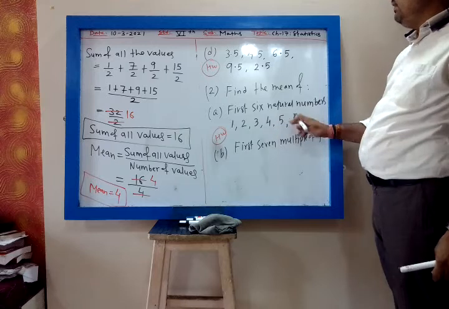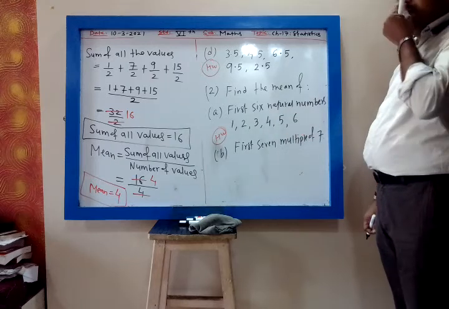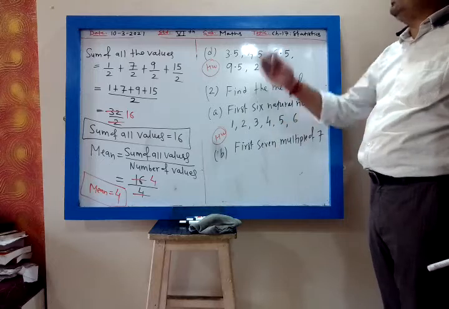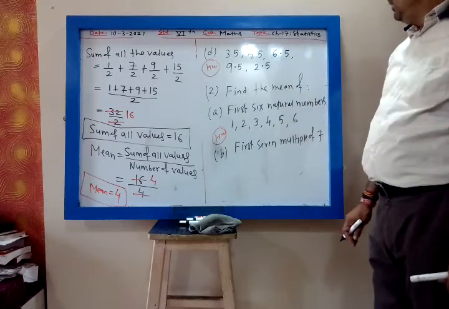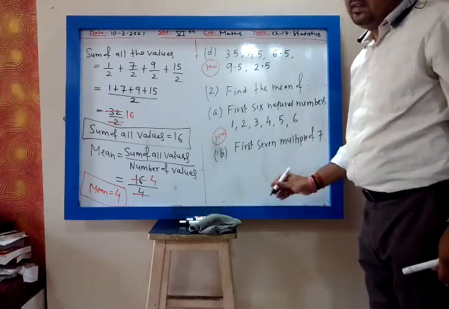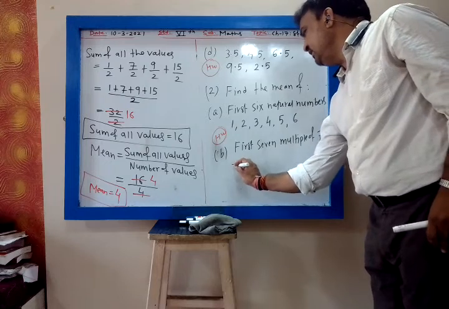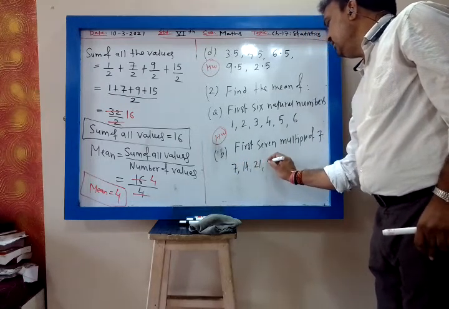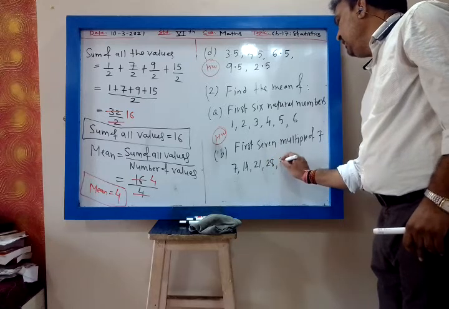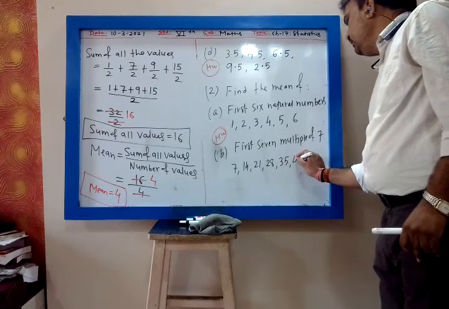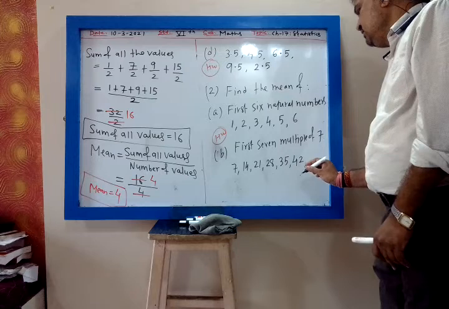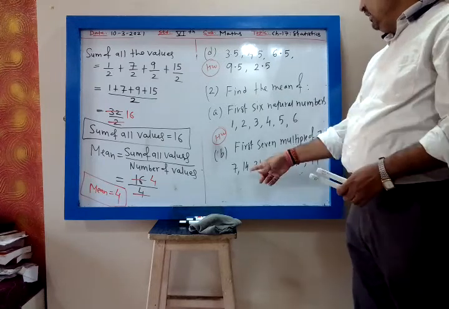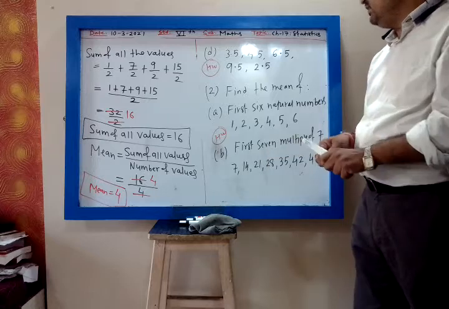Add all these values, divide by 6, and you will get the mean. The first 7 multiples of 7 are 7, 14, 21, 28, 35, 42 and 49. Then you add them and divide this total by 7.